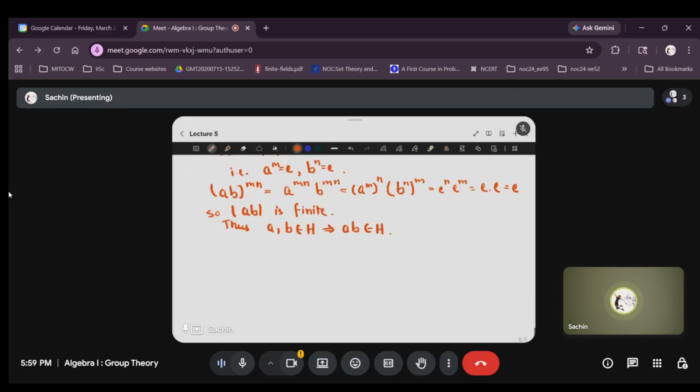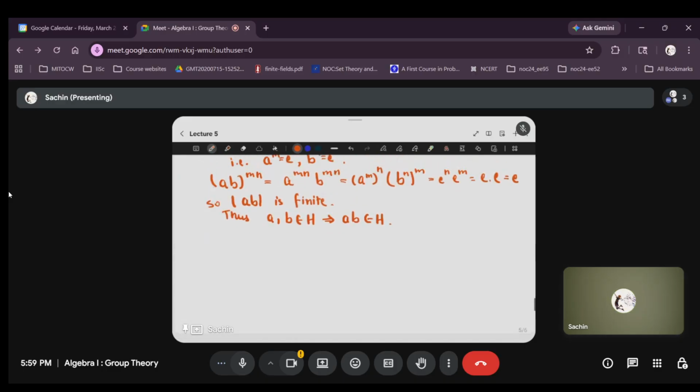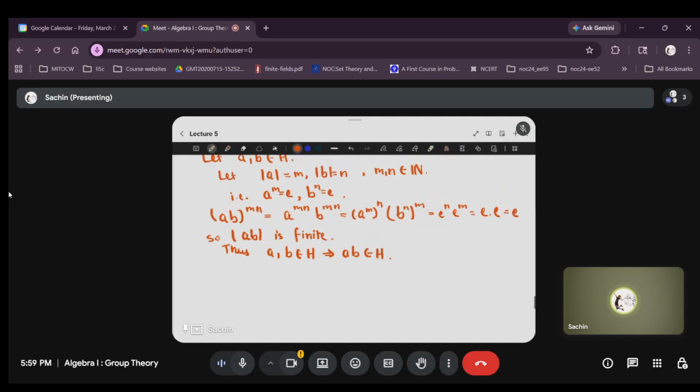That is one step of the two-step subgroup test. The other step is we have to show that A inverse is also in H. So A inverse has a finite order.